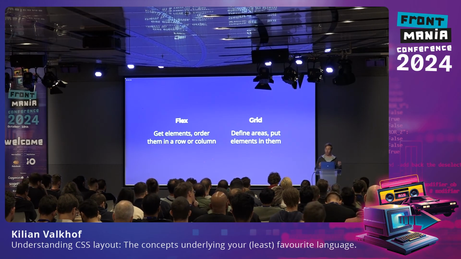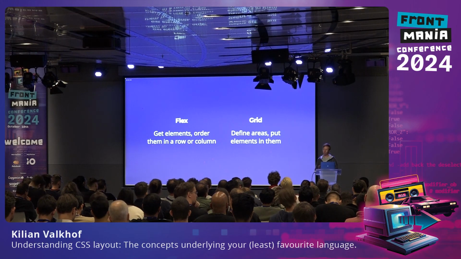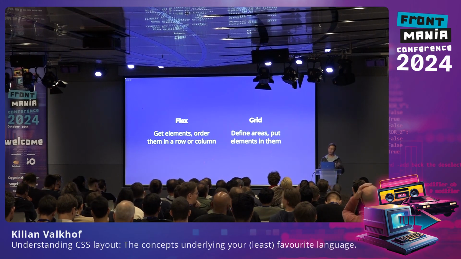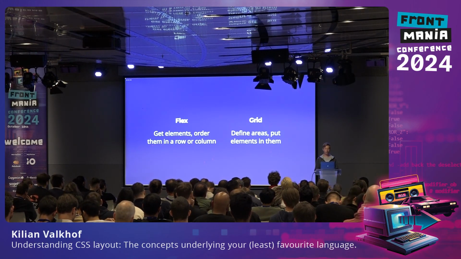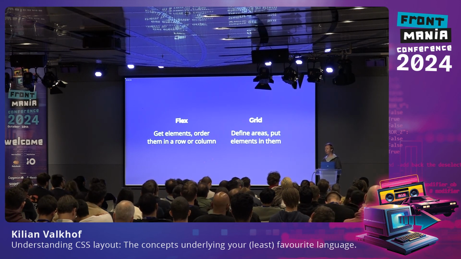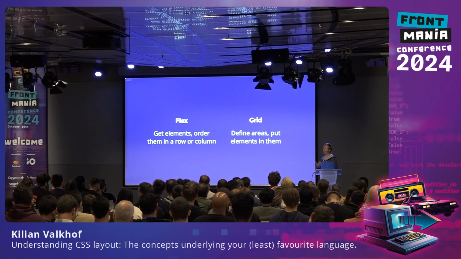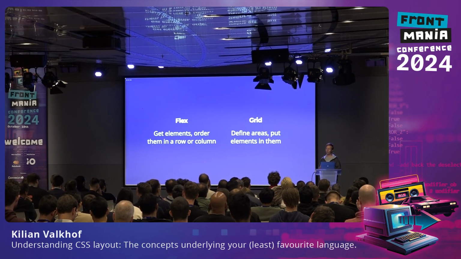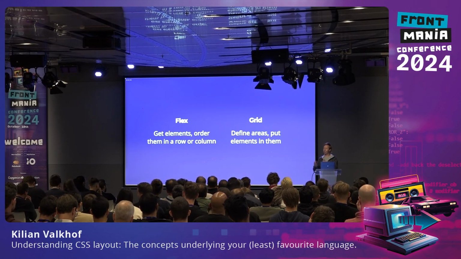Additionally, Flex is one-dimensional while Grid is two-dimensional, but that's not super important for understanding how they operate. In this sense, they are both a replacement for normal flow, but they're a much more explicit way of telling the browser which elements go where.